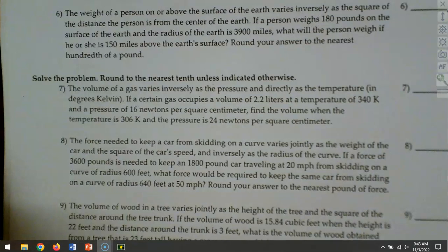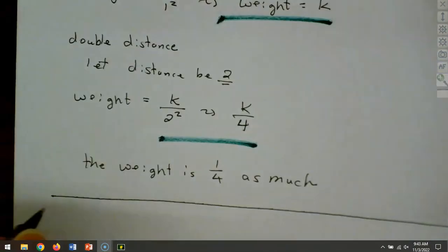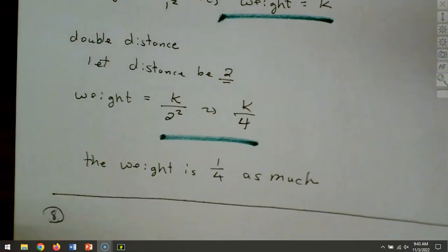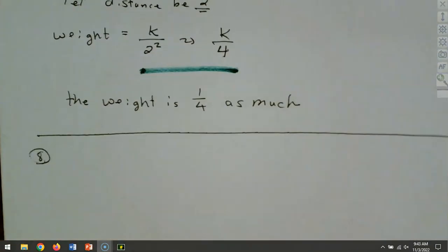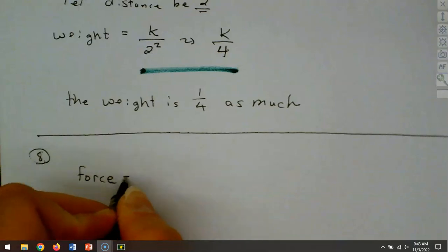So we've got lots of things happening here. We've got the force that is needed to keep the car from skidding out of control. So that's going to be our force. And how does the force relate to everything else?